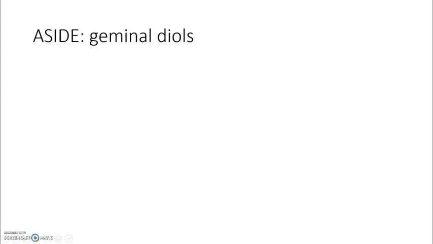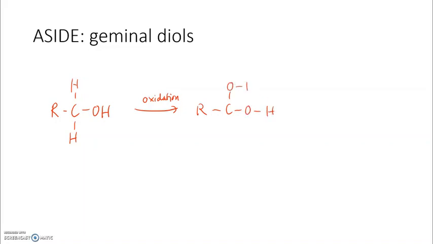And so if we started off with an alcohol with this structure, you might expect the outcome of oxidation to produce something that looks like this, where one of the hydrogens is replaced with another OH group.